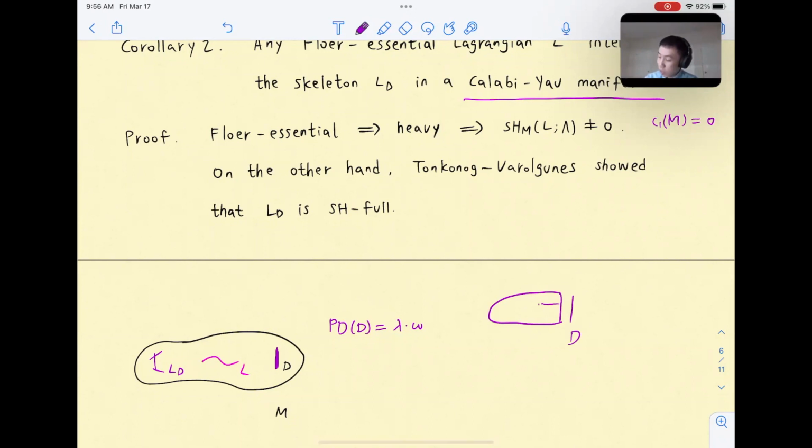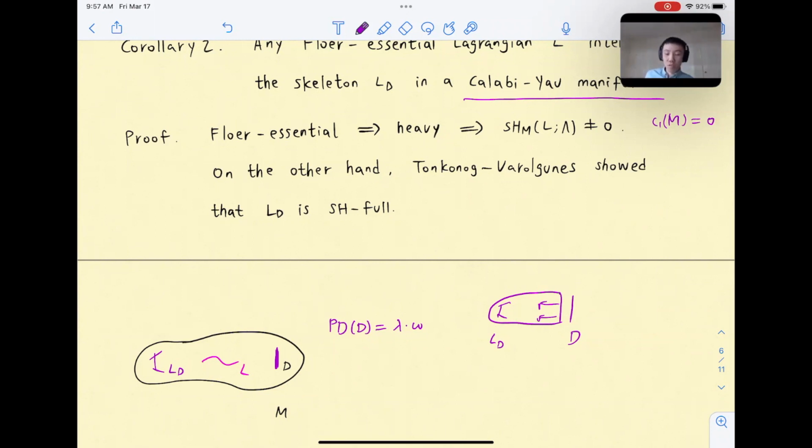Then we can apply the inverse Liouville flow to find its skeleton, which I call L_D. The skeleton is just the stable points of those Liouville flows.